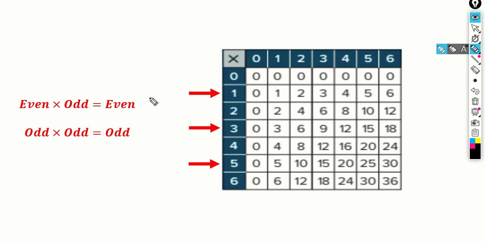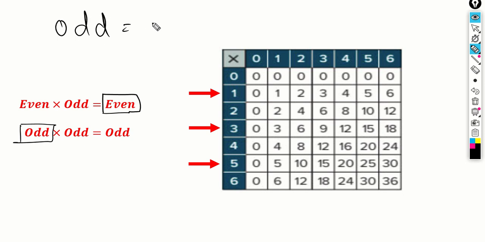Now in this one, if you have even times odd, this is even, but what if you multiply two odd numbers? Again let me write. Now think about odd numbers: 1, 3, 5, 7, 9. Let's take two odd numbers. You think and try yourself.